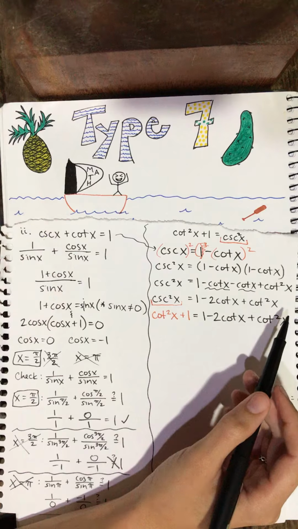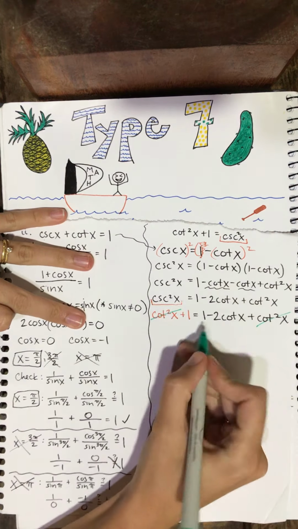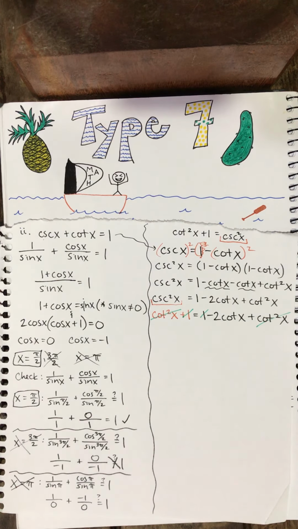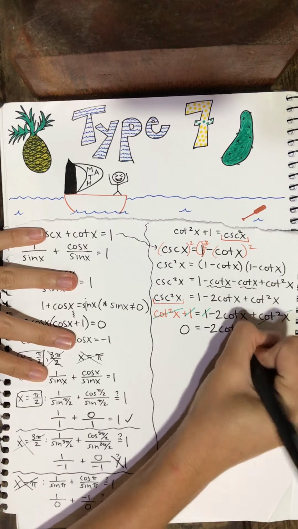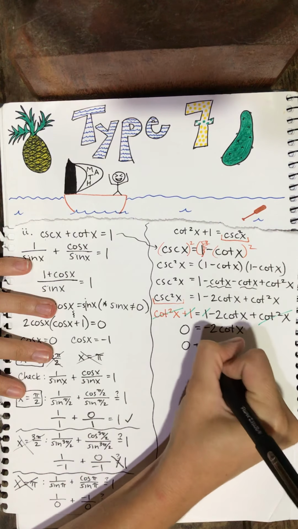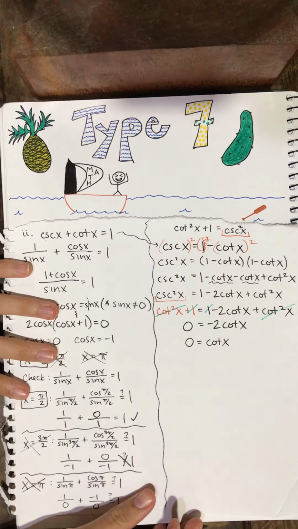They're going to cancel out. 1 minus 1 will cancel. So I'll be left with 0 is equal to negative 2 cotangent of x. If I divide by negative 2, 0 divided by negative 2 is still 0, so that negative 2 can go away. So I've got cotangent of x is equal to 0.